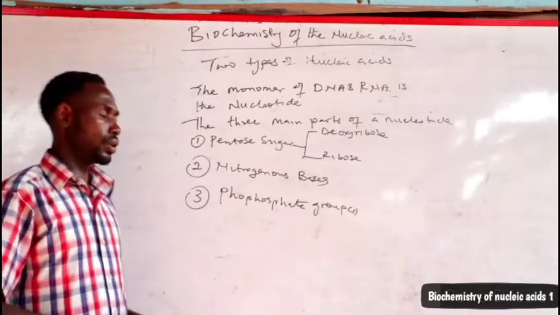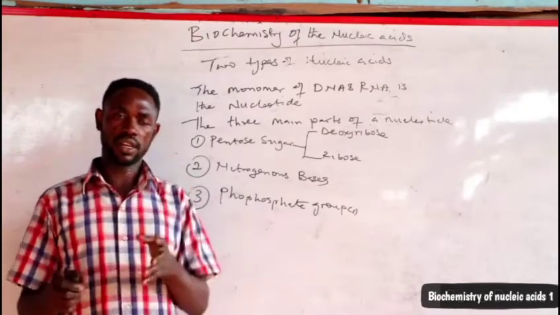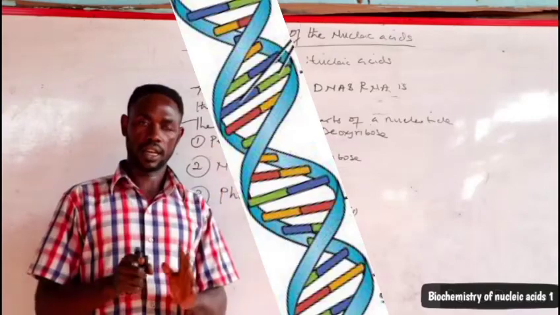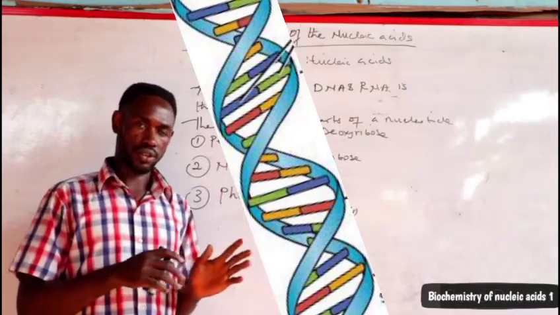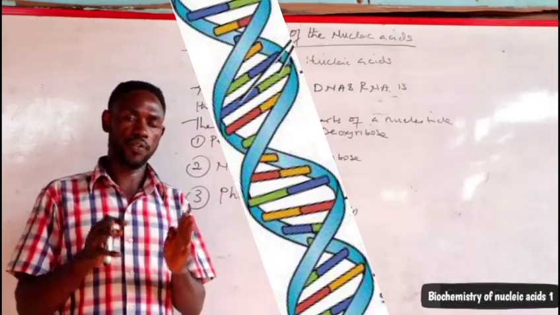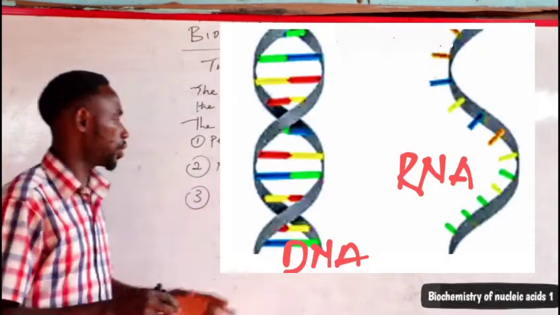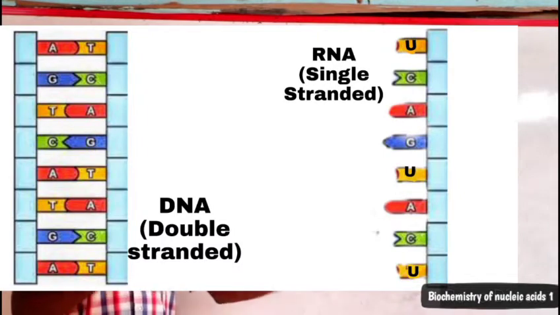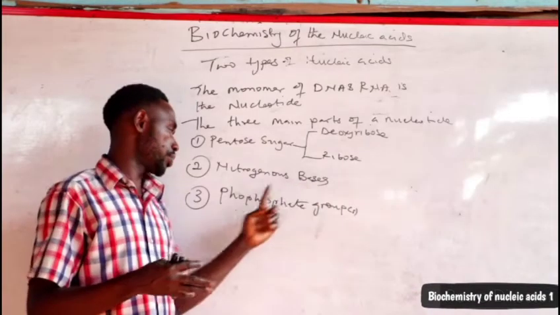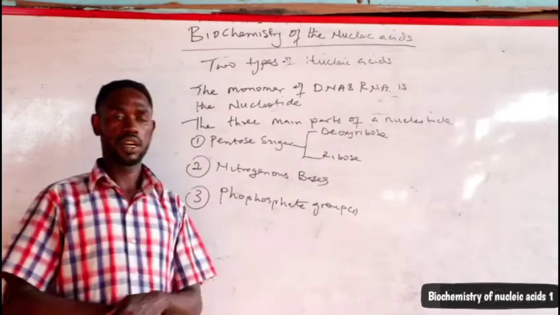Now, as we all know, DNA is double-stranded, double helical, just like a twisted ladder, as you can see in the structure on the screen. Then RNA has the shape of a half ladder. From the structure, you will see which part represents the pentose sugar, which part represents the nitrogenous base, and which one represents the phosphate group.